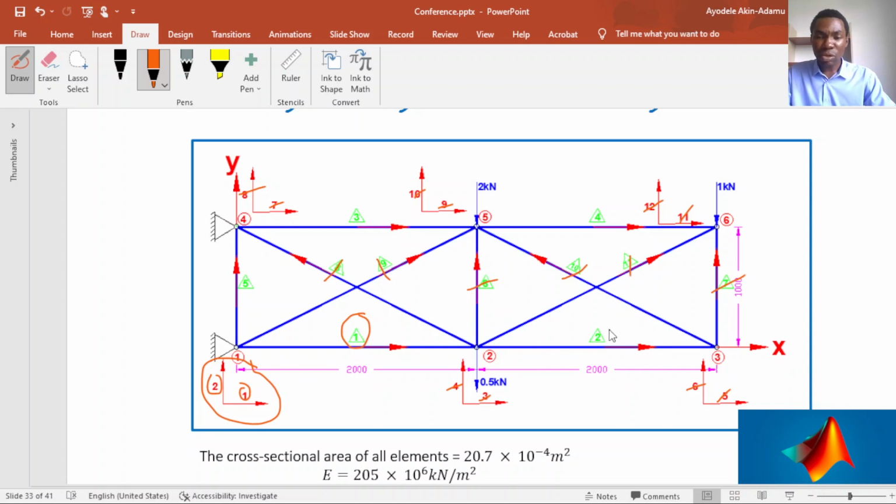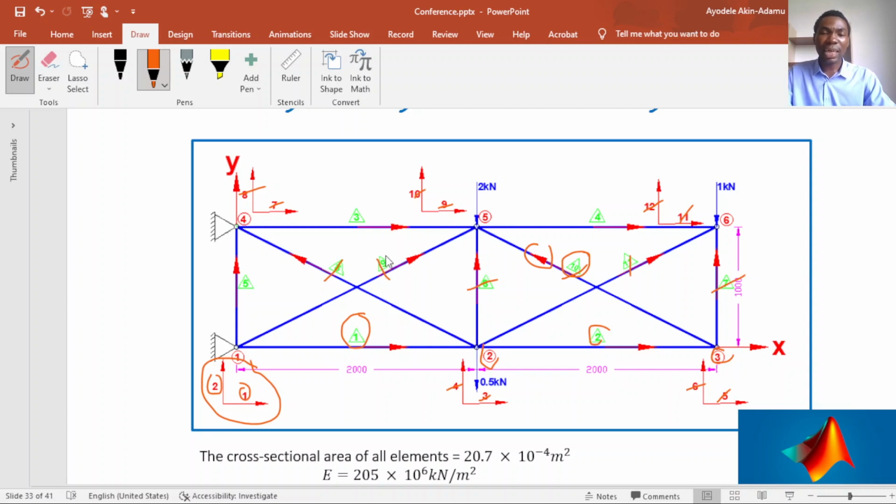So it means for element 2, my start node is node 2, and my end node is node 3. Let's pick element 10. For element 10, I define the arrowhead pointing from node 3 to node 4. This is the arrowhead there. It's pointing from node 3 to node 4. So it means that node 3 is my start node, while node 4 is my end node.